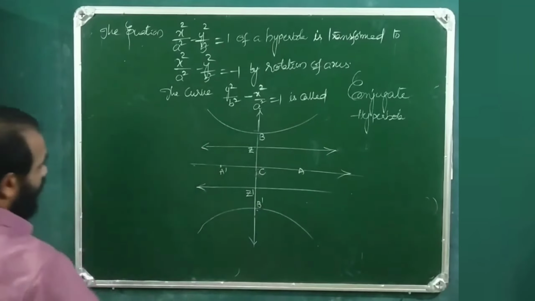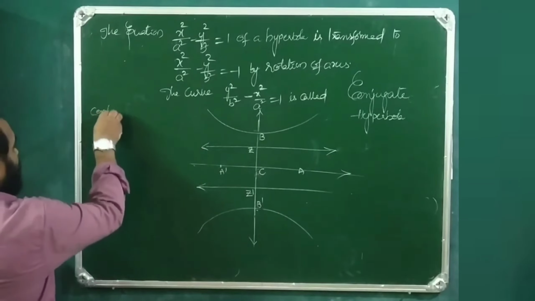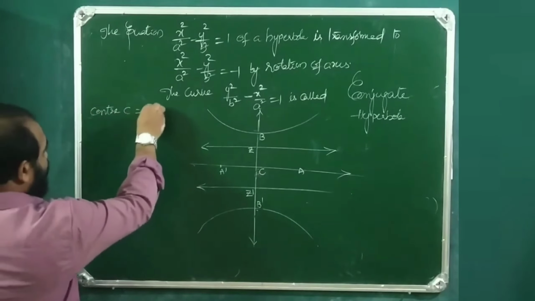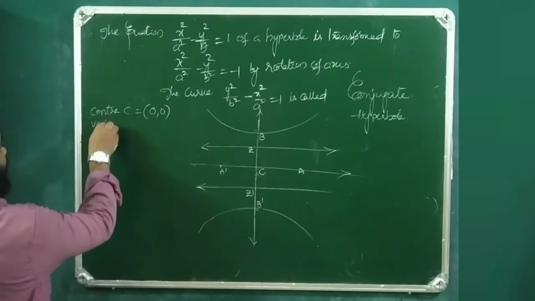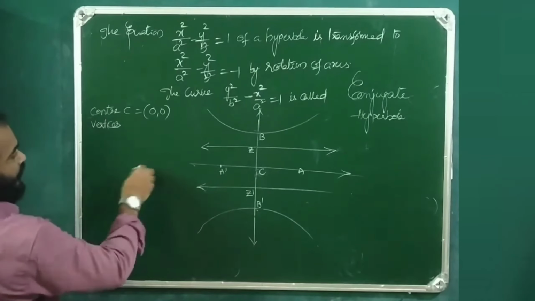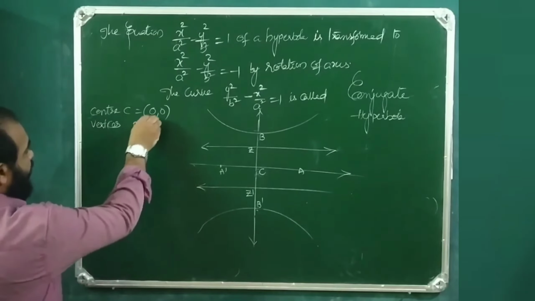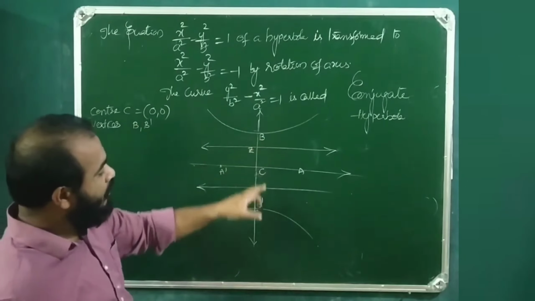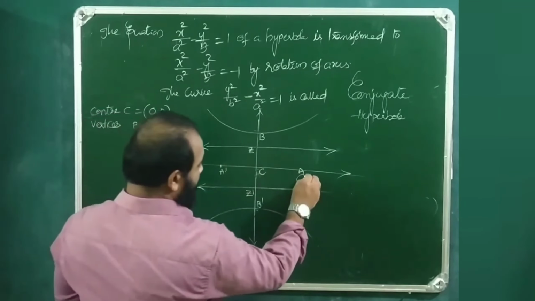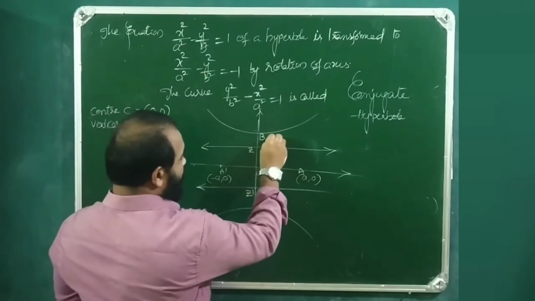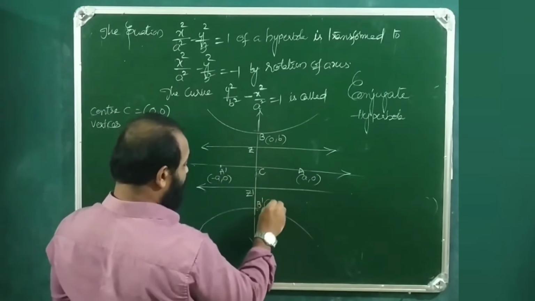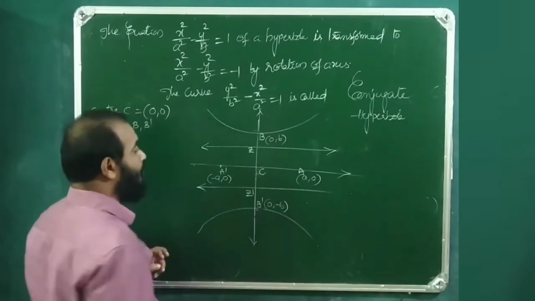So here the center is (0, 0) and the vertices are B, B dash. This is (a, 0), this is (minus a, 0), this is (0, b), and this is (0, minus b).